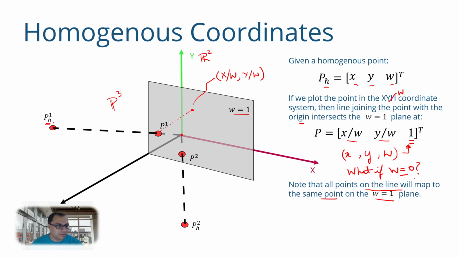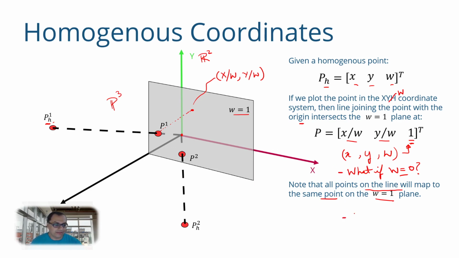Then you can't really divide by W. Is that a valid point in the homogeneous coordinate system? And if it is, then what does it represent? Does it have a geometric interpretation? Does it have a counterpart in the Euclidean coordinate system? So this is one thing that I want you to think about.